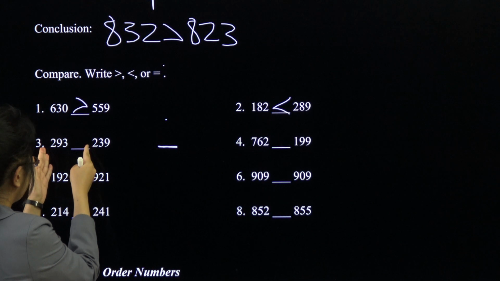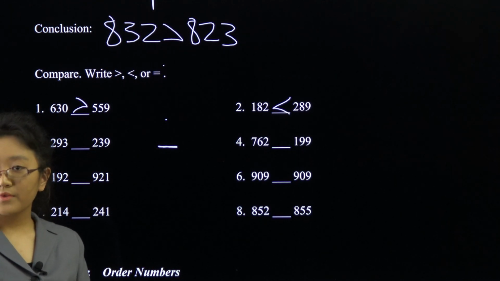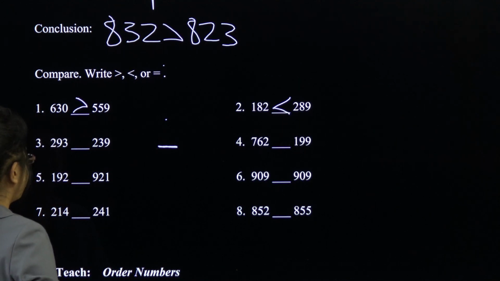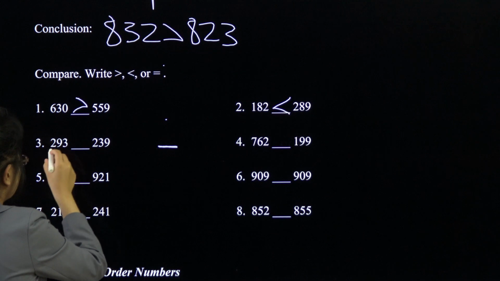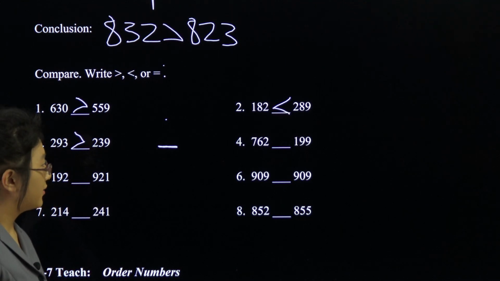Those are the same, so we move one digit to the right. 9 and 3. 9 is bigger than 3. Therefore, 293 is bigger than 239.